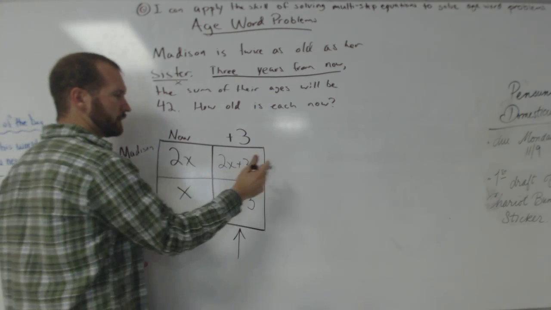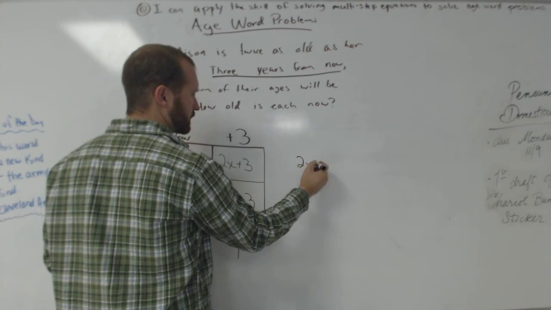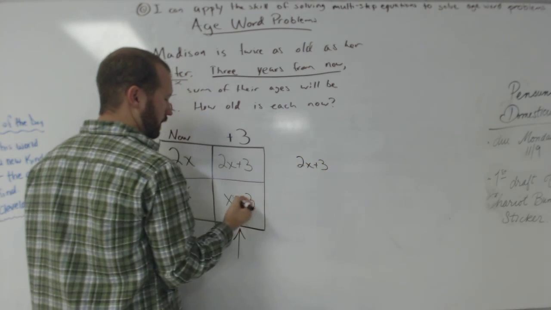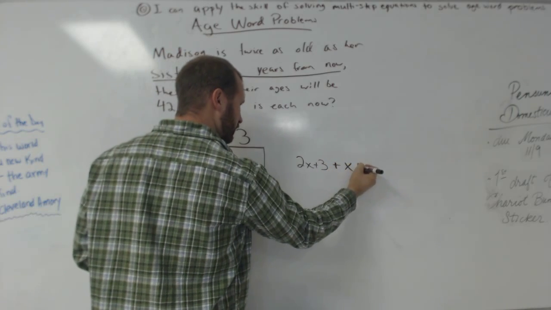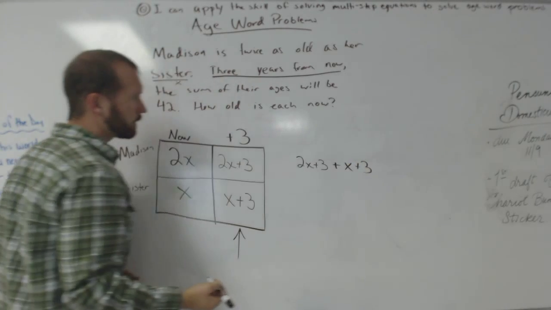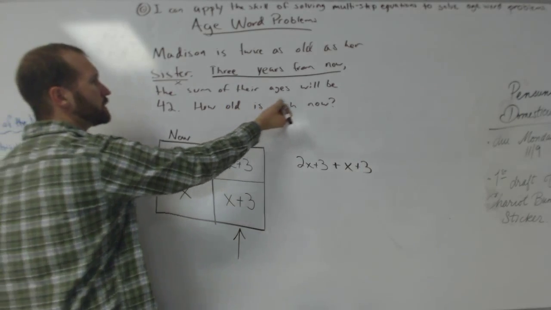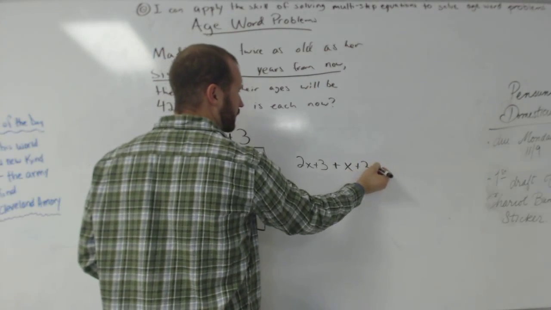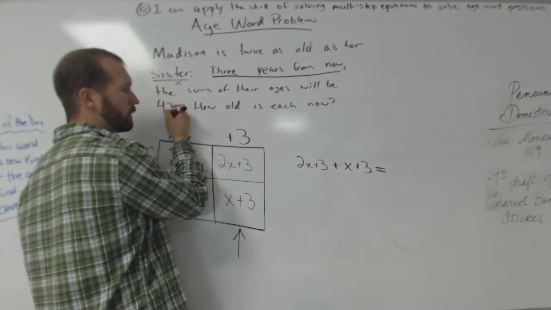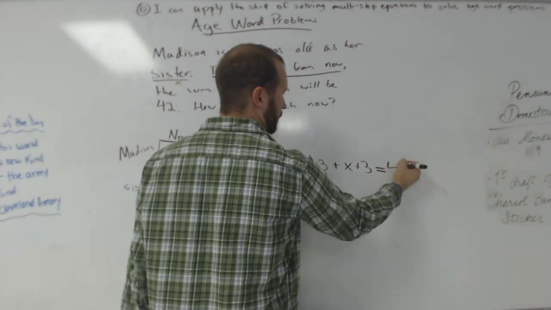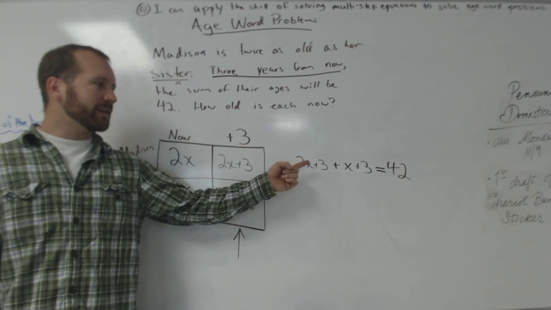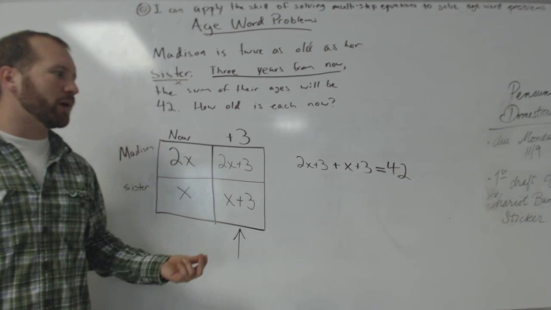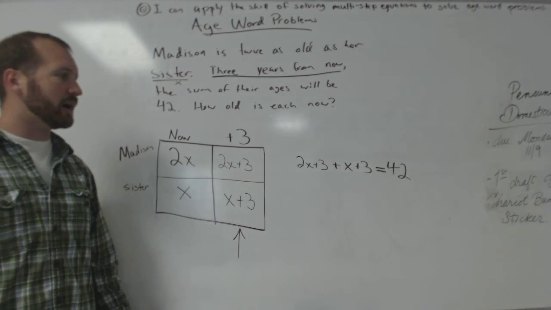Here's Madison's age, 2x plus 3. Here's her sister's age, so plus x plus 3. The sum of their ages will be equals 42. Now does this look familiar or what? Combining like terms, right? We've got a multi-step equation here that we have to solve.